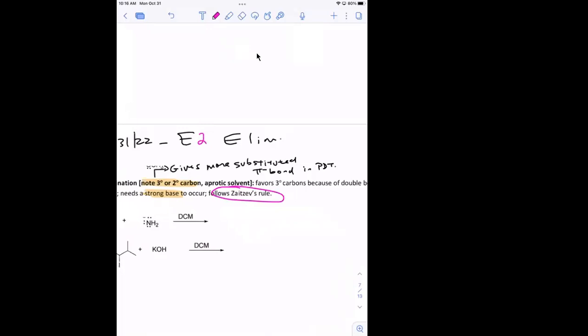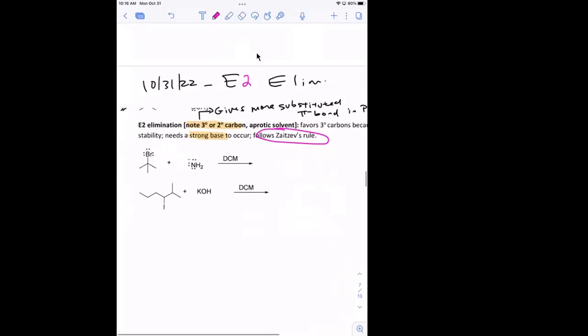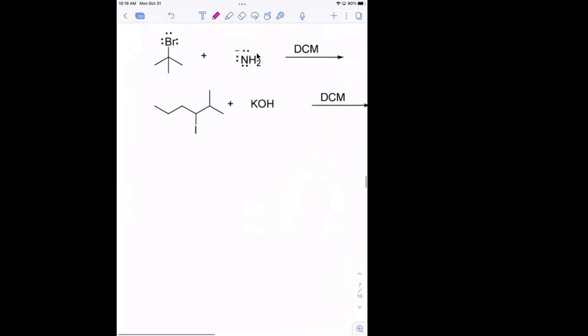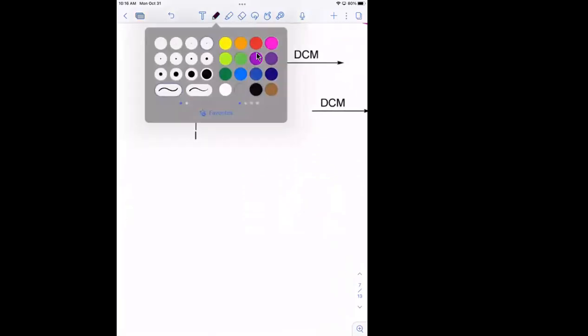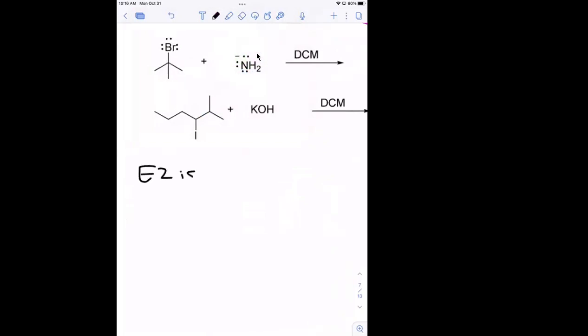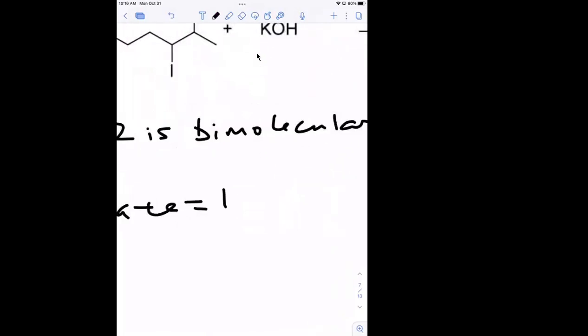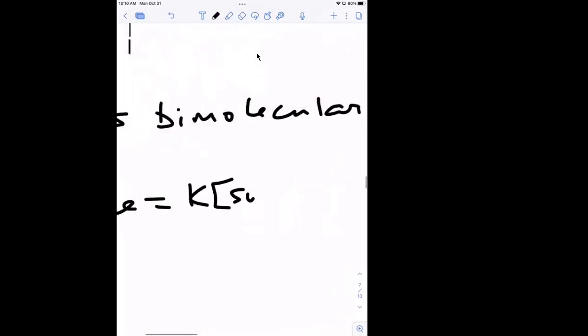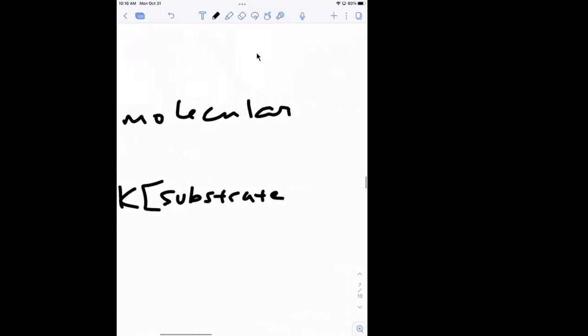What does that mean for the rate law? The rate is k times what? You know the substrate is involved. It would be the nucleophile if we were doing substitution, but now we're doing elimination, so the nucleophile is replaced by a base.